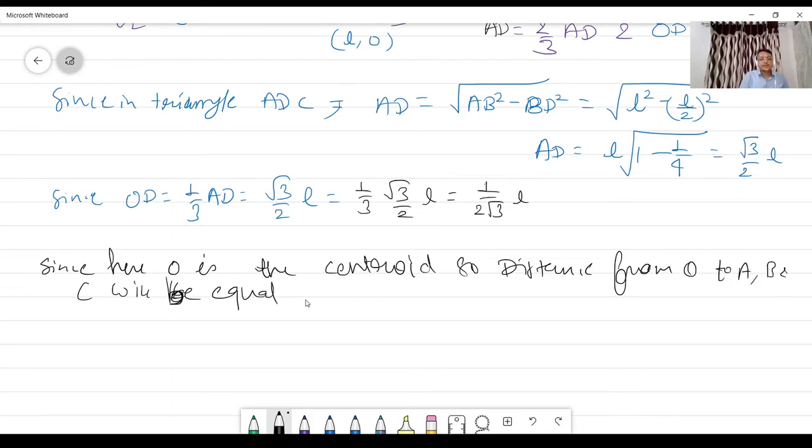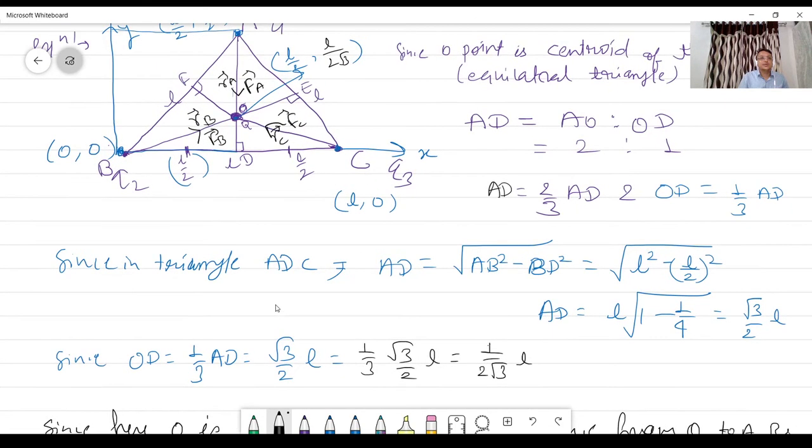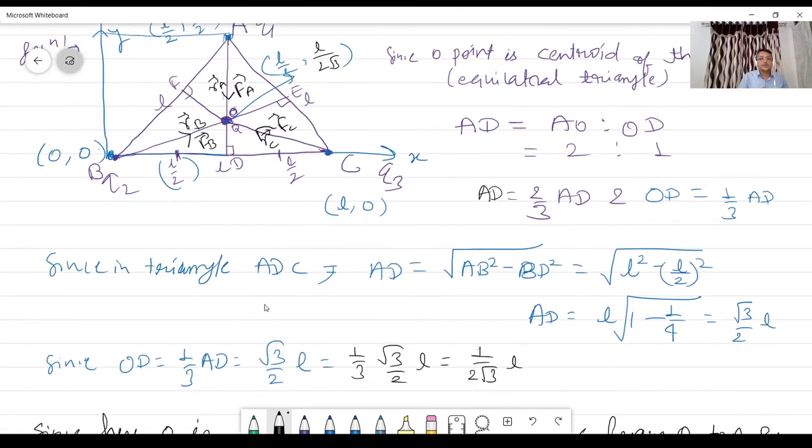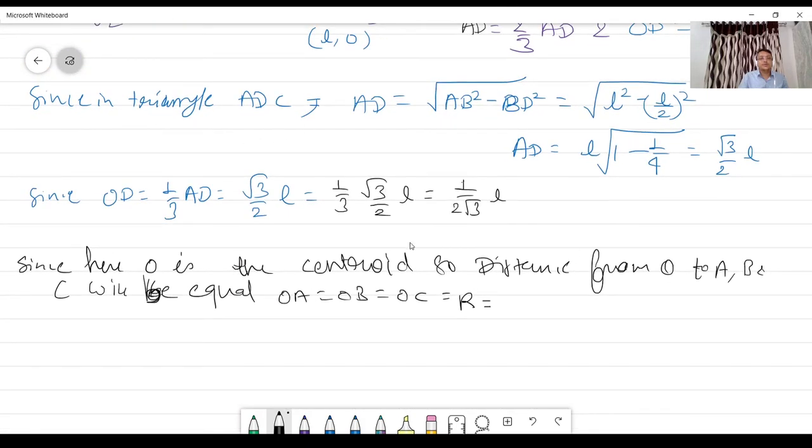So I can consider that OA will be equal to OB will be equal to OC will be equal to, let's say, R. OA we still don't have, so this is a questionable thing over here.